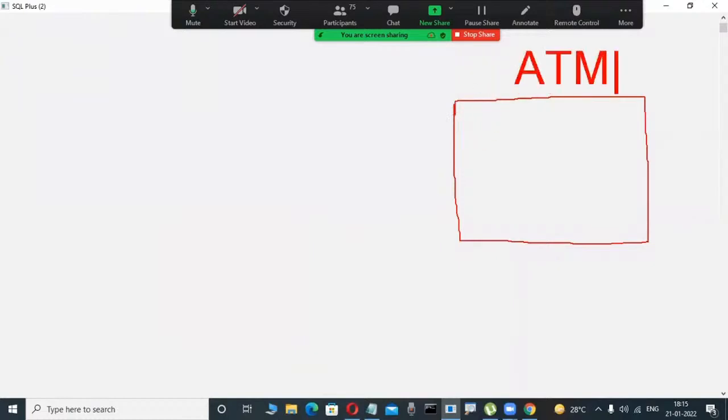Now check out the scenario, slowly observe here. This is an ATM machine, for example. One scenario I'm telling, that's enough. Now, what is my balance in my account? 3,000 is the balance.